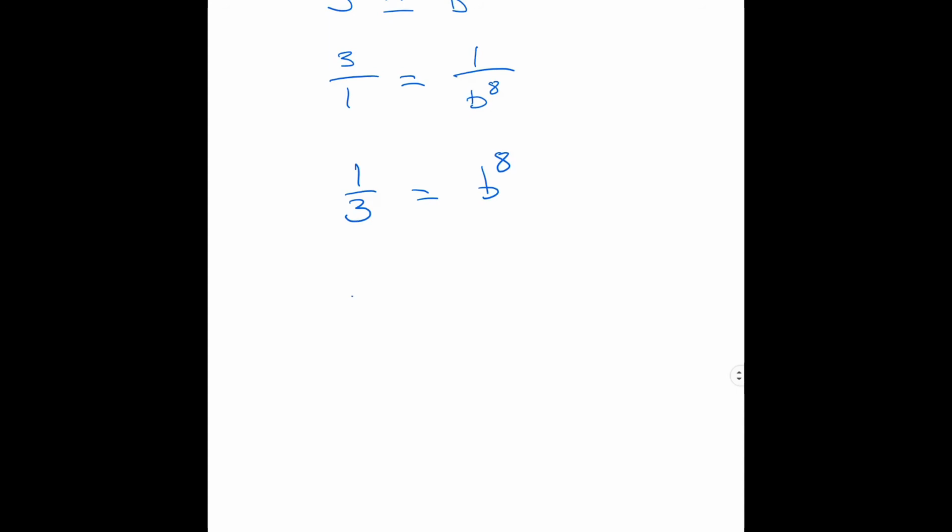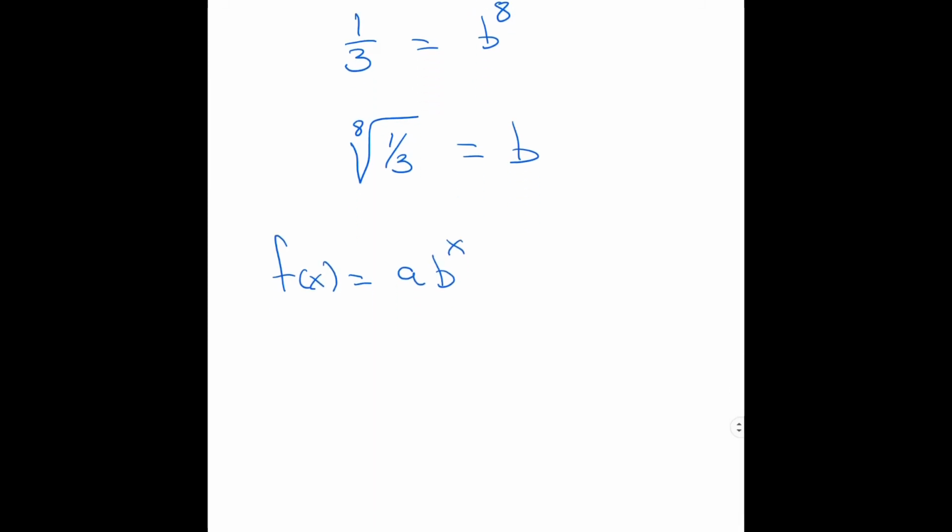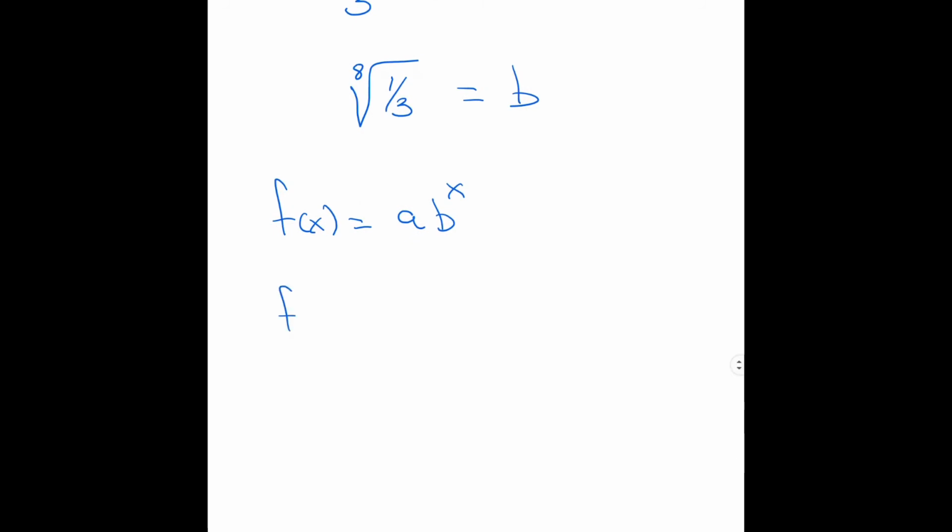So then the 8th root of 1/3 equals b. That's what my b equals. I have f(x) = ab^x, that's my general form again. So f(x) = a times b, where b is the 8th root of 1/3, and that whole thing is raised to the x.